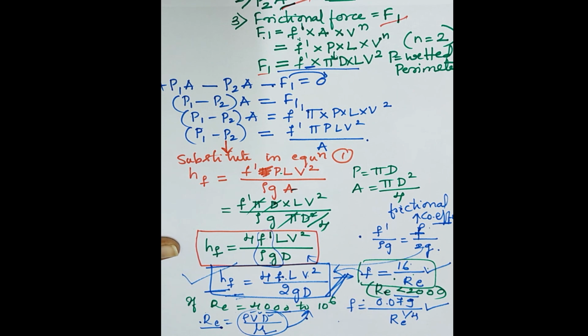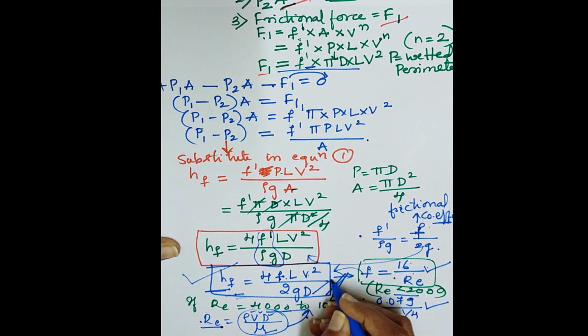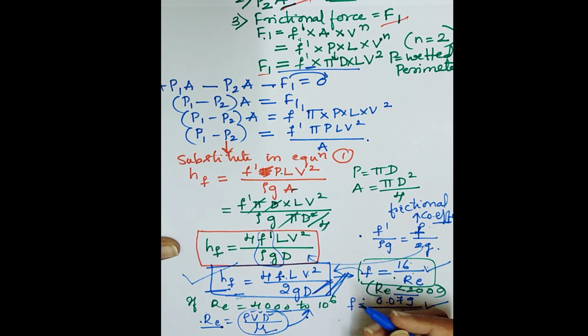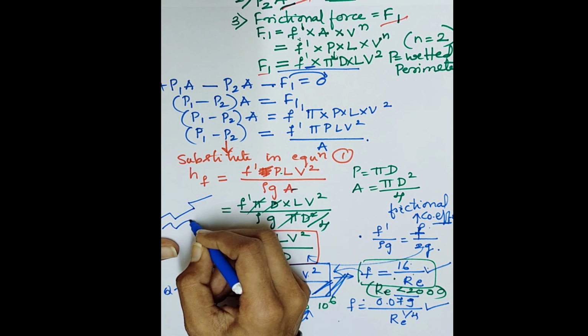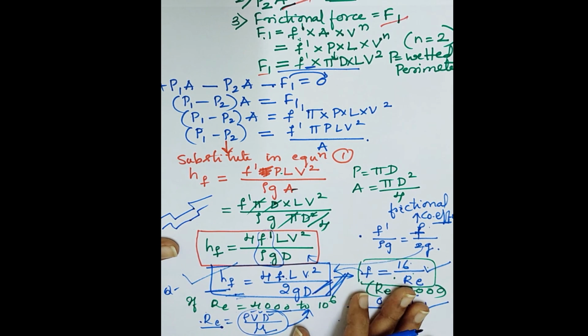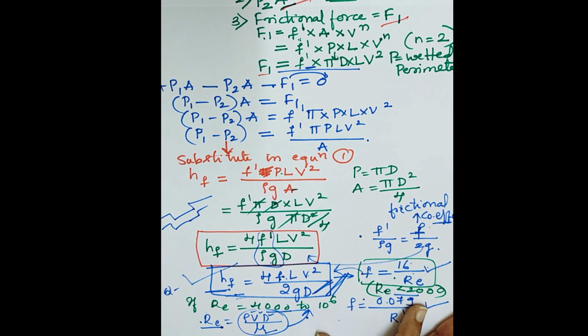Before that, we'll discuss some topics, like what happens to the HF value and the Q value when the pipes are connected in series and when the pipes are connected in parallel. So in the next class we'll discuss that topic. We'll stop here now in today's class, and thank you.